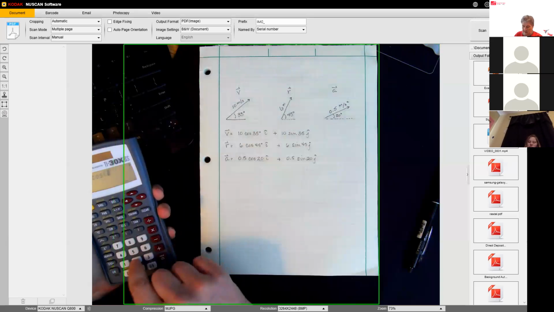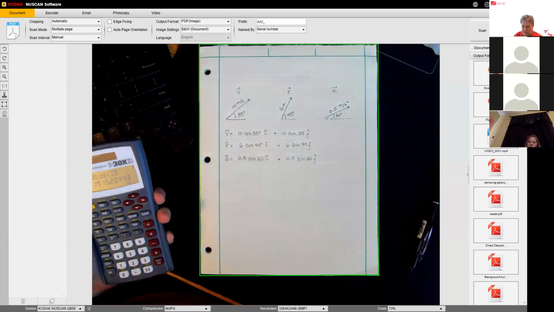So 10 cosine 35. I'm going to use a different color.